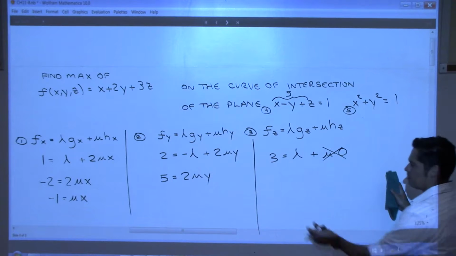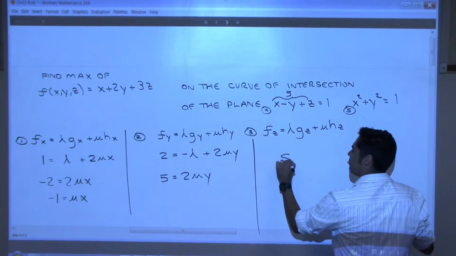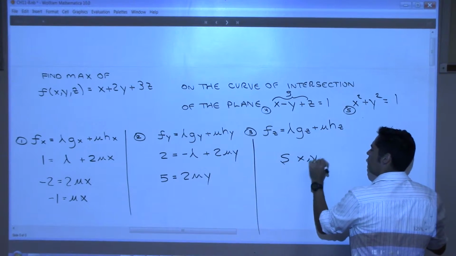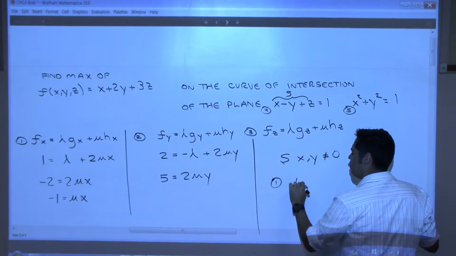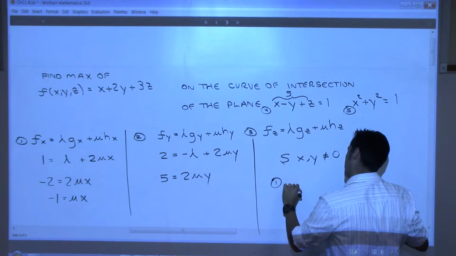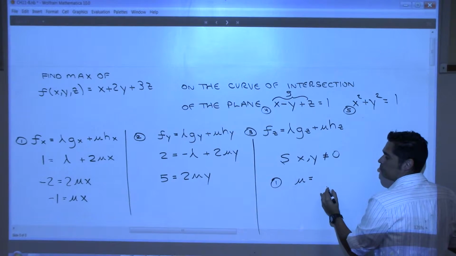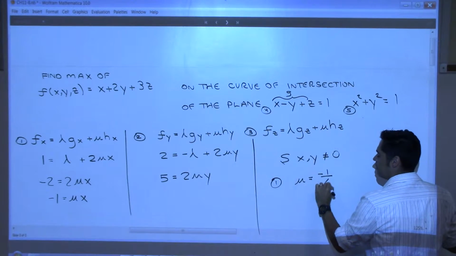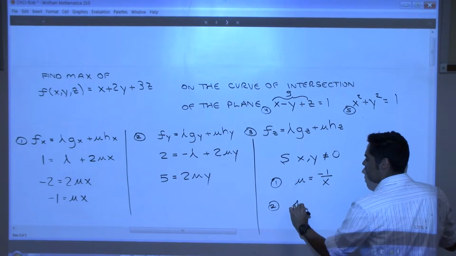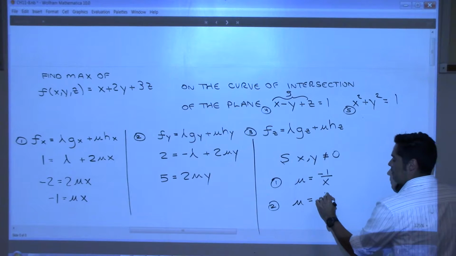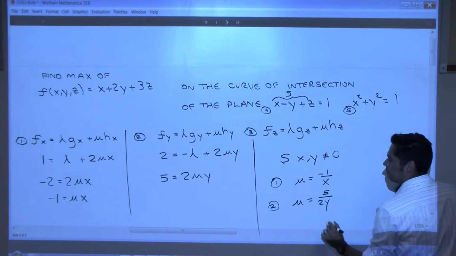So I'm going to just pick up right here. Suppose x and y are both not 0. Then equation 1 tells us that mu would be what? Negative 1 over x. And then equation 2 would tell us that mu is 5 over 2y.